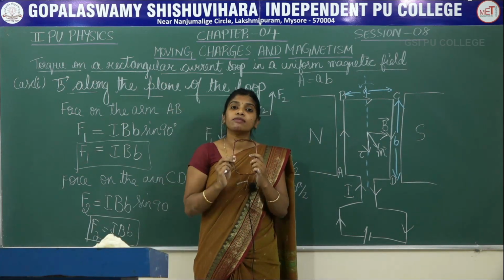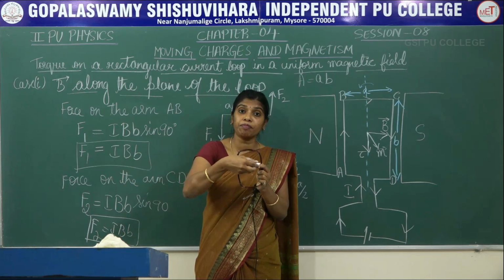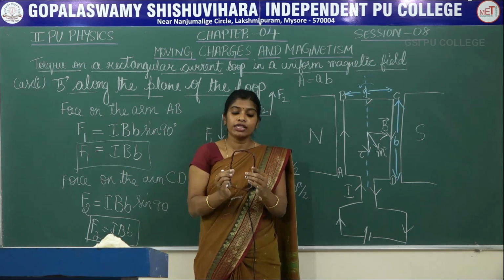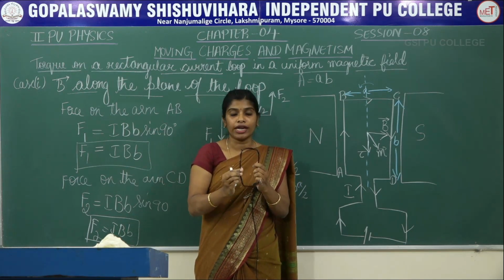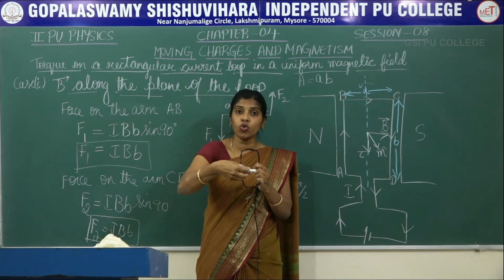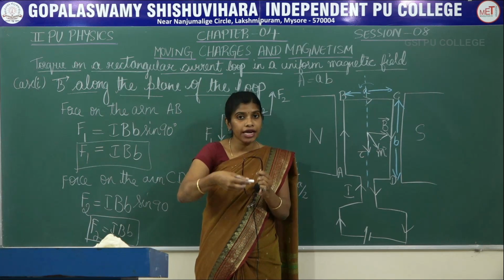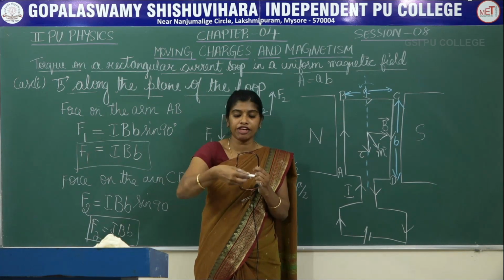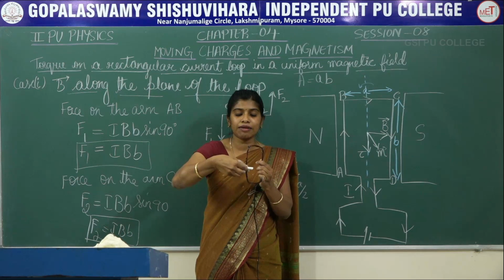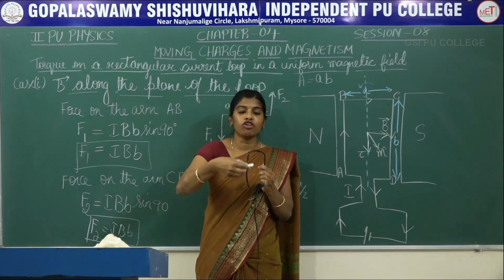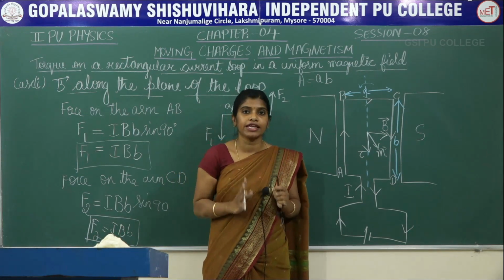Before, the magnetic field was acting along the plane of the loop, but now the rectangular loop is rotated. Now if the rectangular loop is rotated, then the magnetic field is going to make some angle theta with the plane of the loop. This is what the second case will be.